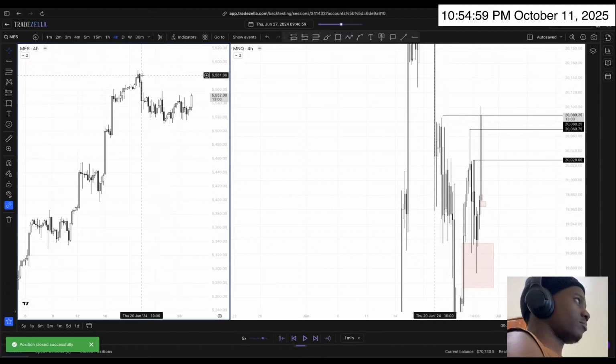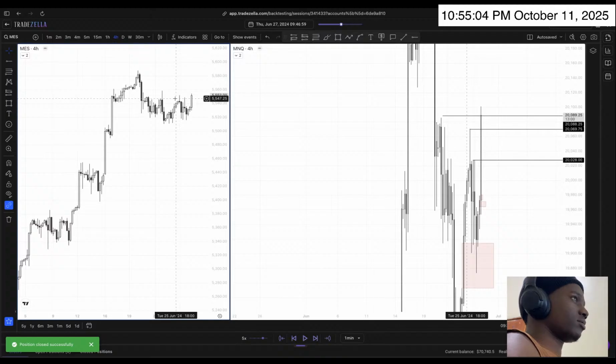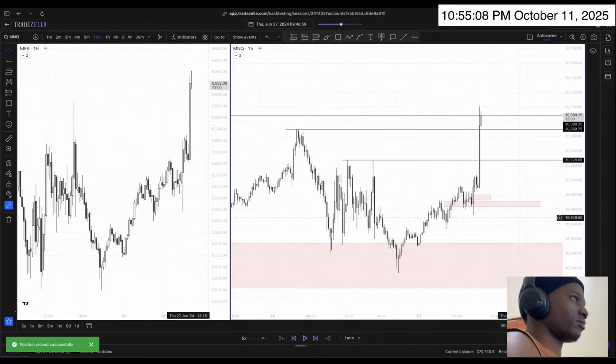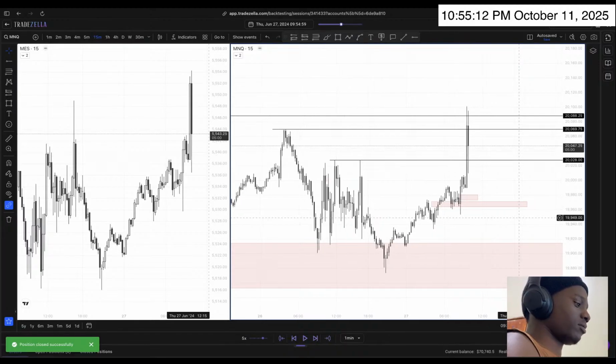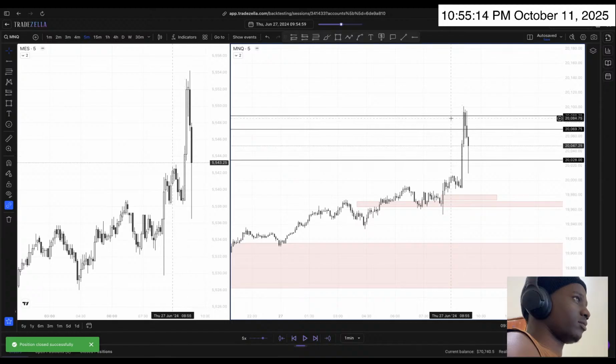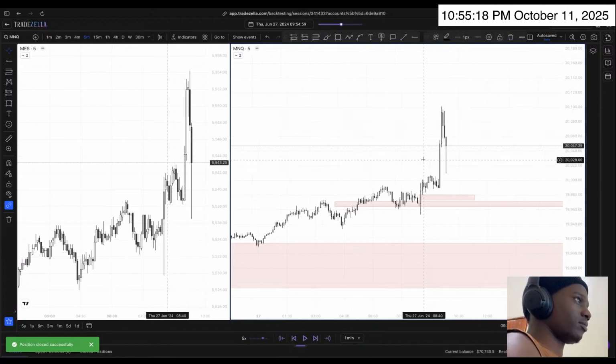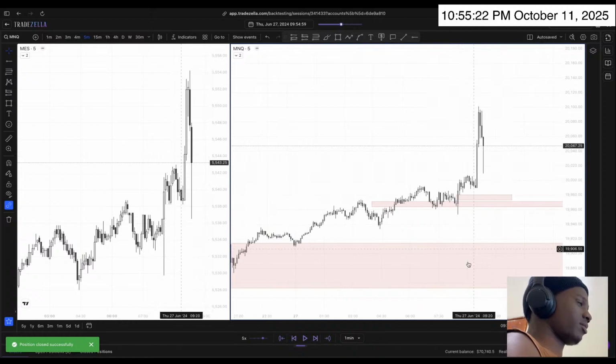Which is totally fine. I mean, we're already in the gap now. Well, this is pretty close. So we get a retracement into a gap, but some kind of SMT there.